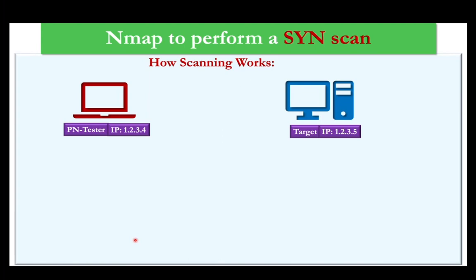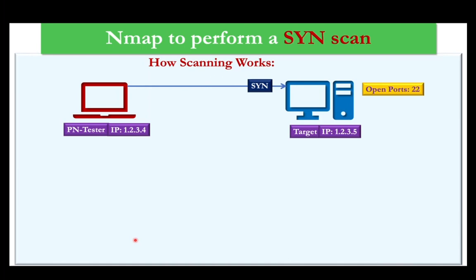First, the behavior against an open port, suppose port 22. In this example, Nmap starts by sending a TCP packet with the SYN flag set to port number 22.